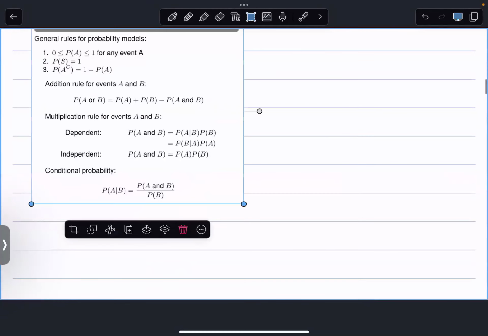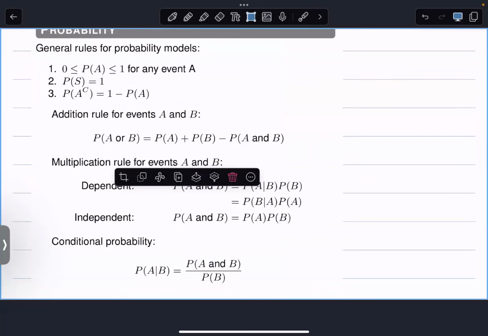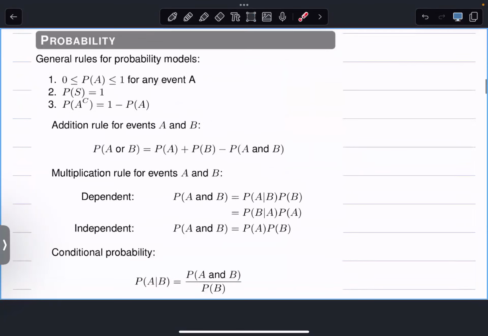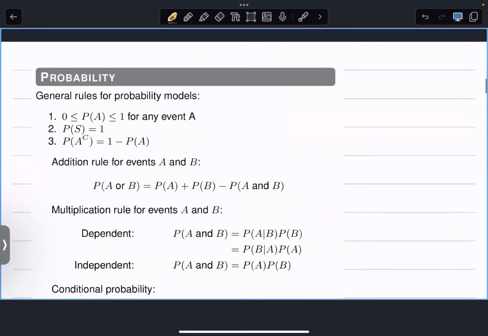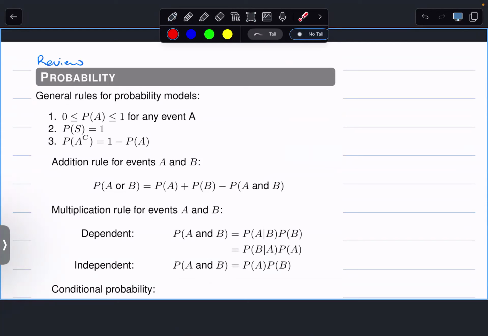So we started probability last day, and as kind of a review, we'll use the probability section of your formula sheet.